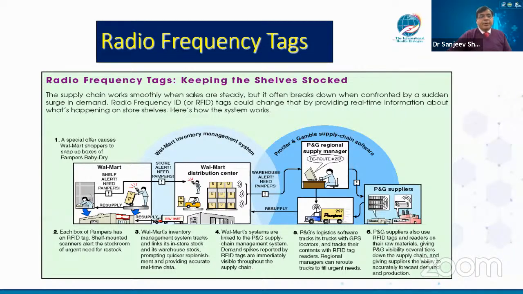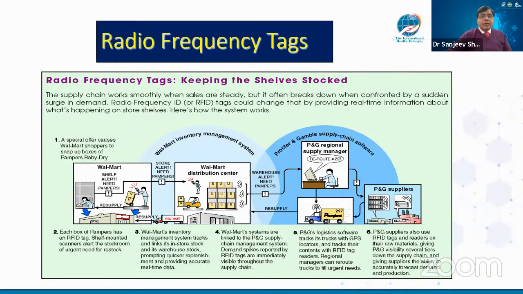For example, if they put an offer on Pampers, all these products are radio frequency tagged. Once sales increase, because they are connected to the internet, they automatically check how much supply the warehouse has, and an automatic order goes out.